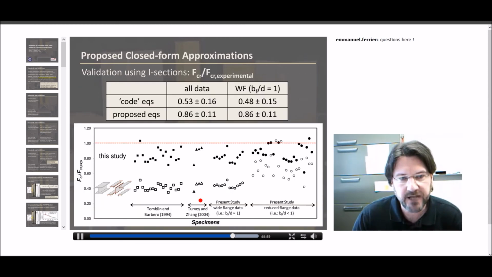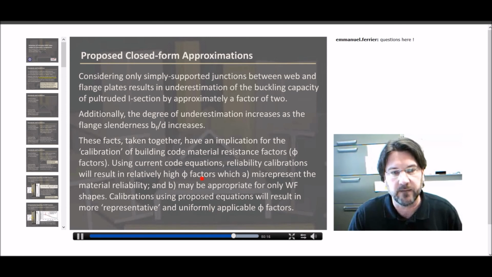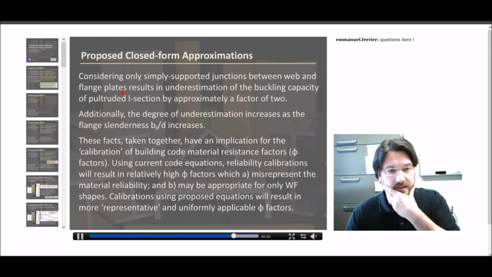So the implications of this: we can have a code equation with these values and this nice simple approach, and then we calibrate that code equation. We calibrate the material resistance factors accordingly based on experimental data. And that's where we feel the problem comes, and we end up in a slightly misleading behavior. And I'll discuss that here.